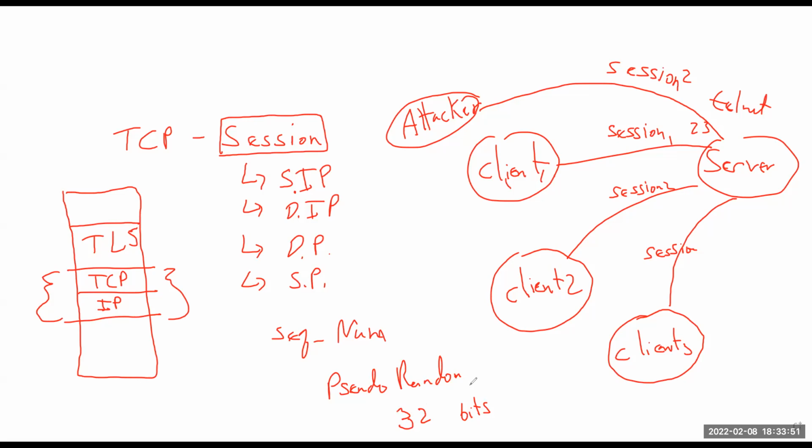And if you open Wireshark, for instance, and don't adjust the settings, you might think the numbers are like 1, 3, 5, whatever. But those are only the relative numbers. If you toggle something in Wireshark, it'll show you the actual sequence number, and you will see it's a long number.